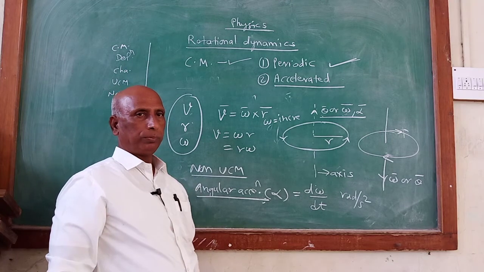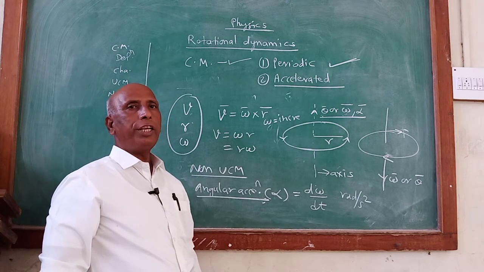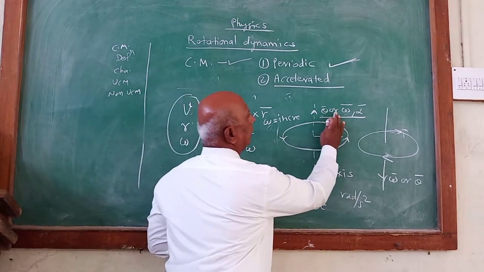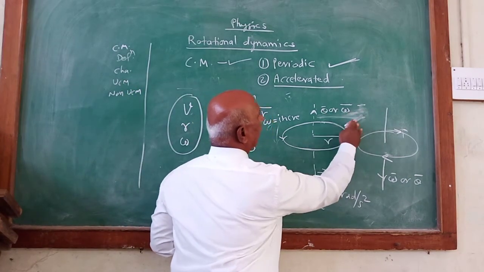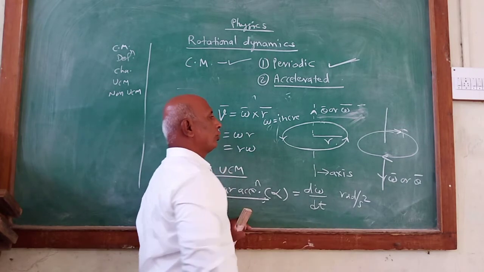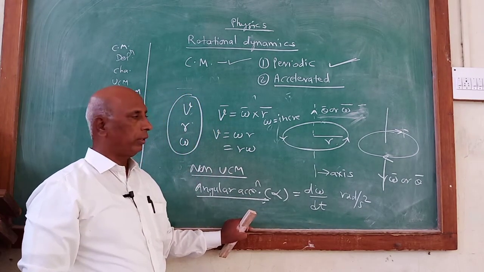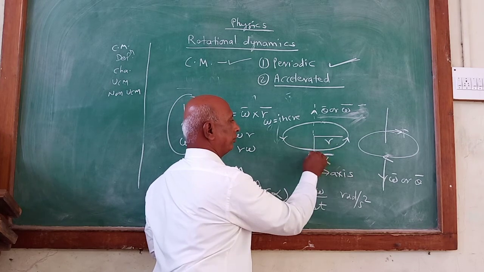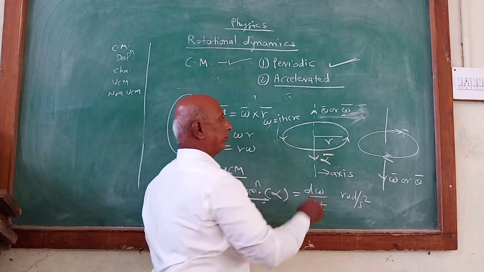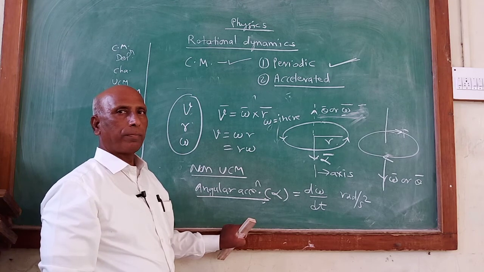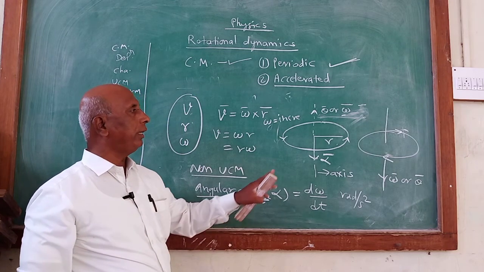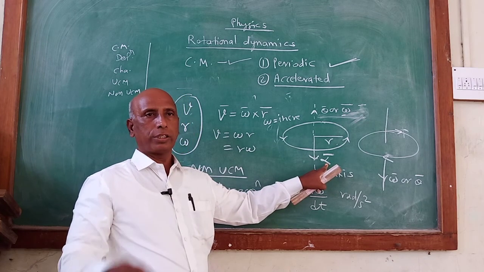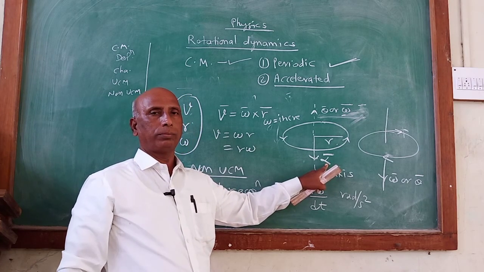And if speed is decreasing, then theta bar and omega bar are in upward direction in case of anticlockwise rotation, but alpha bar is in downward direction, that is opposite to omega bar. So in this way we can find the direction of angular acceleration.